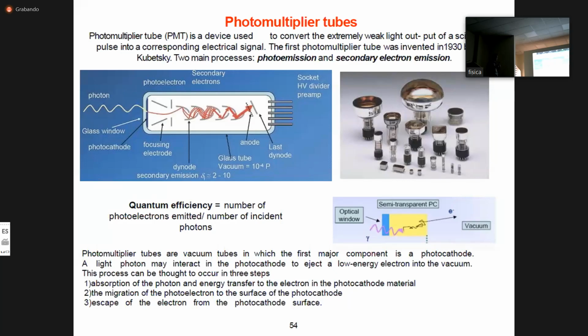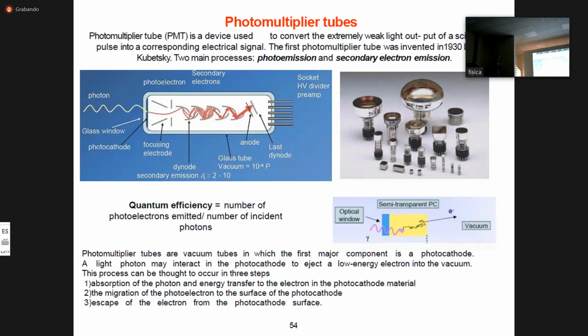But in order to make it move, you have to apply an electric field. To do this, we have this structure of pretty thin metallic plates, which are located inside this vacuum tube, which are called dynodes.